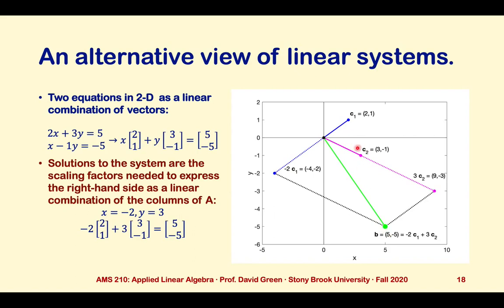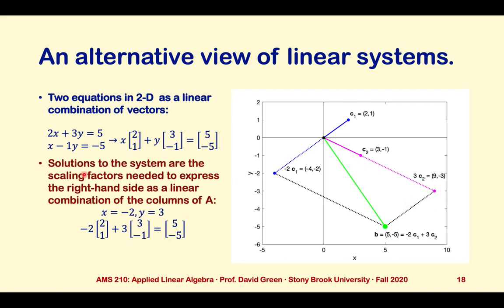Right? And this is represented here. If we multiply C2 by 3, we extend this line to here, to (9, -3). If we multiply C1 by -2, that moves us over here. -2C1 is (-4, -2). If we add together this vector and this vector, -4 plus 9 is 5. -2 plus -3 is -5, exactly where we need to be, and we have this visual representation.